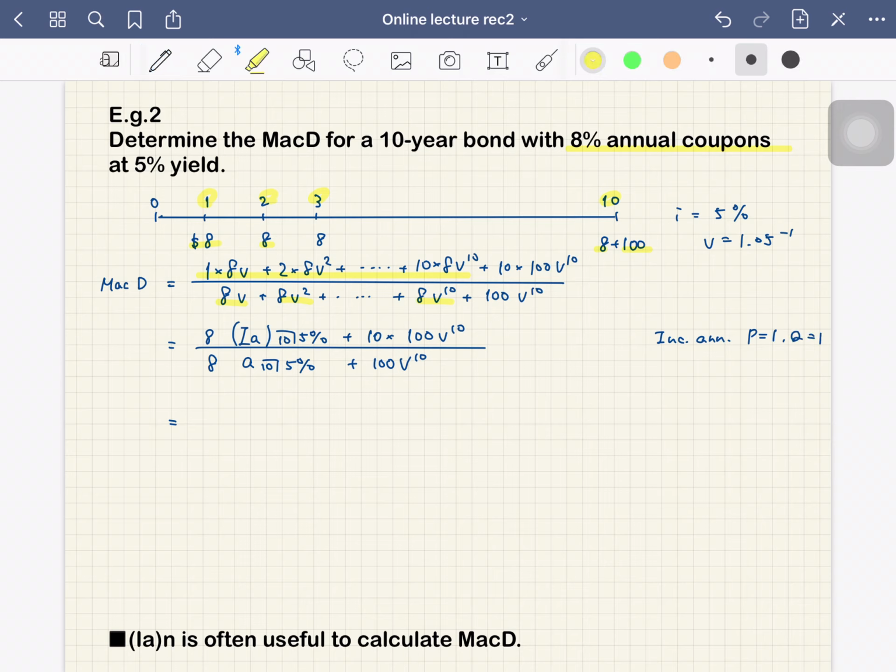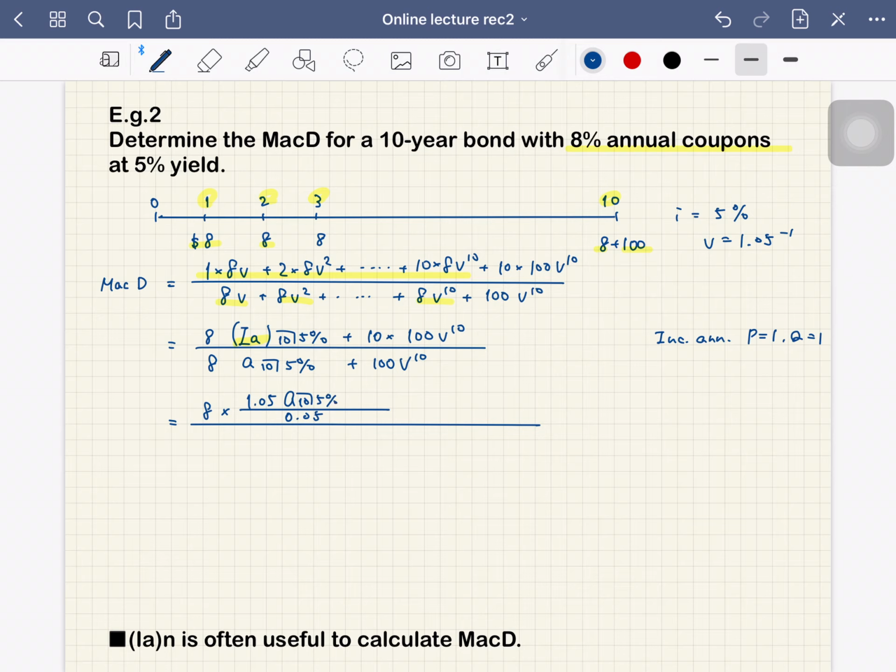So we have the standard form, increasing annuity 10, with P equal to 1 and Q equal to 1. So we have 8 here, then 8 times 0.05 in the denominator, then 1.05 times a angle 10 at 5%.